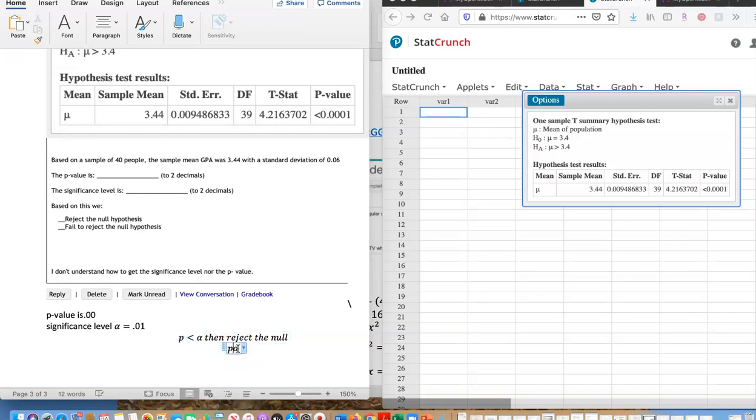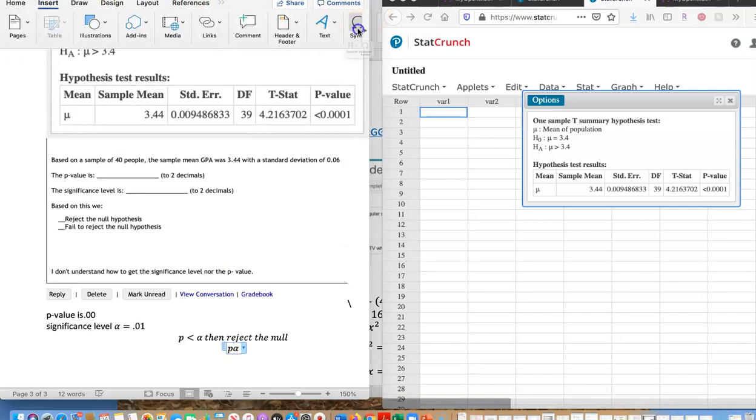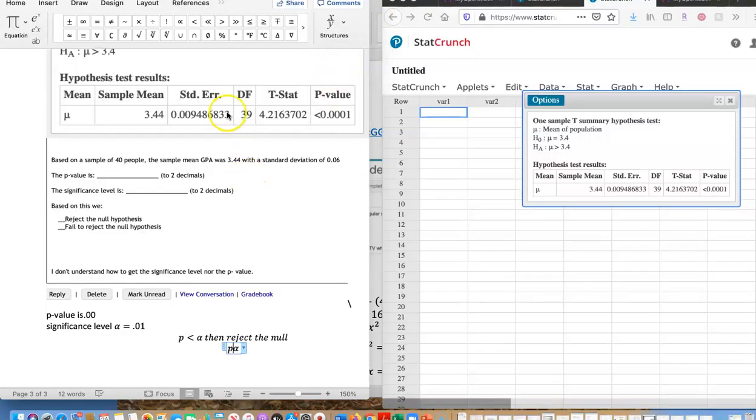If p is, I think it's greater than or equal to, definitely if it's greater than, you fail to reject.